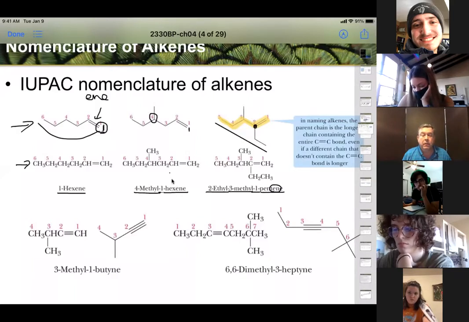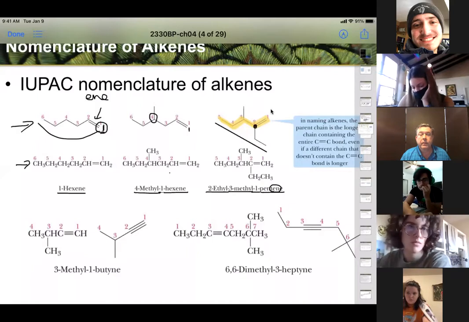Yes, and then on this last example, there was a question on the homework where it had a diagram like this, and it started at the bottom as the parent chain. How do you tell what the parent chain is exactly?